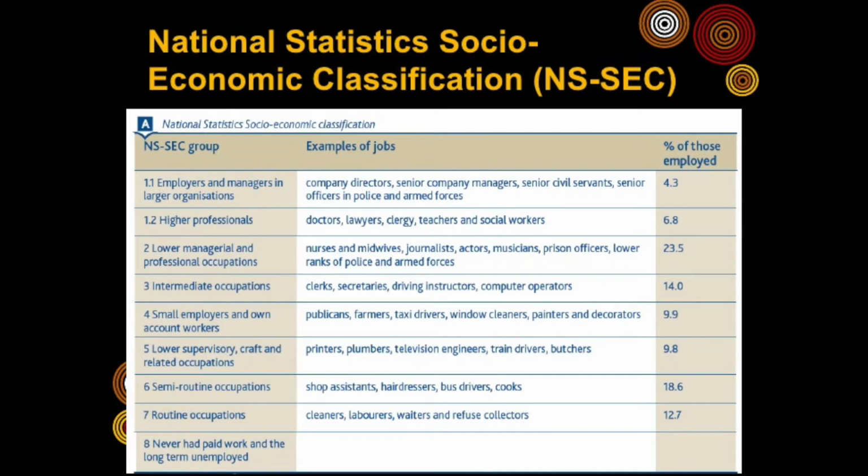So at the very bottom, 8 would be never worked. At the very top, it would be higher managerial, and there's lots of rungs in between. But this one is based on social status and how qualified you need to be for that role, things like that. It's not necessarily about money, although that does play a part.